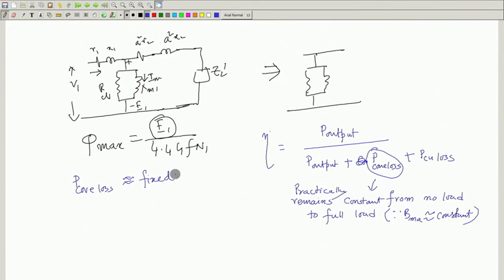So, this loss is called the fixed or constant loss. Now, the other loss, what is this loss, P copper loss? Is it fixed? The answer is no.